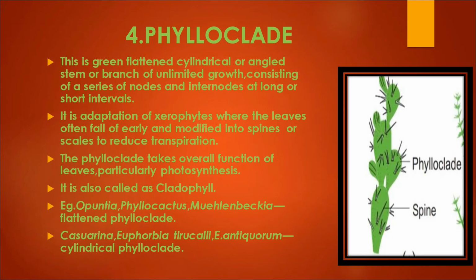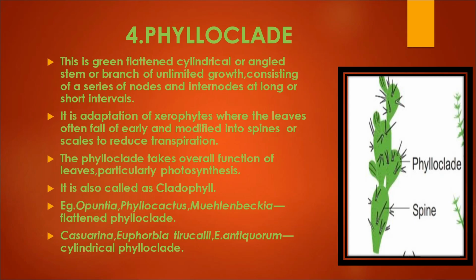Next modification is called phylloclade. These are green flattened, cylindrical or angled stems or branches of unlimited growth. They consist of a series of nodes and internodes. It is an adaptation of the xerophytes where the leaves fall off or are modified into spines or scales to reduce transpiration.